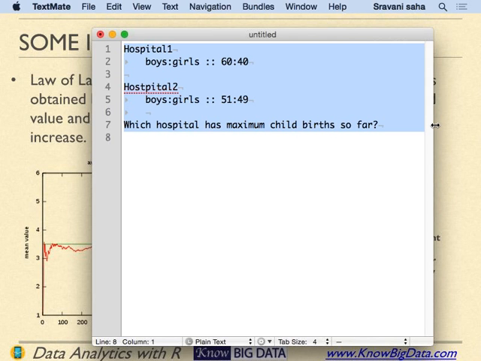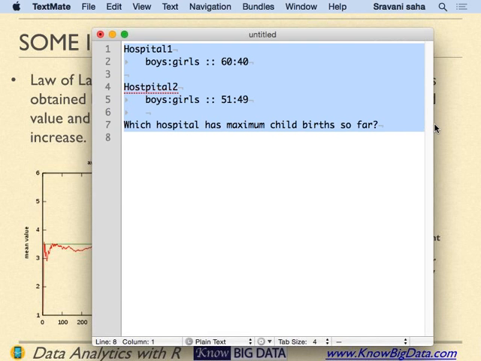Just let's say that these hospitals are not lying. They are telling us the truth. They are both truthful hospitals, and they have given these numbers. Hospital 1 says the boys to girls ratio has been 60 to 40. Hospital 2 says the boys to girls ratio is 51 to 49. Which hospital do you think has had the maximum number of childbirths so far?